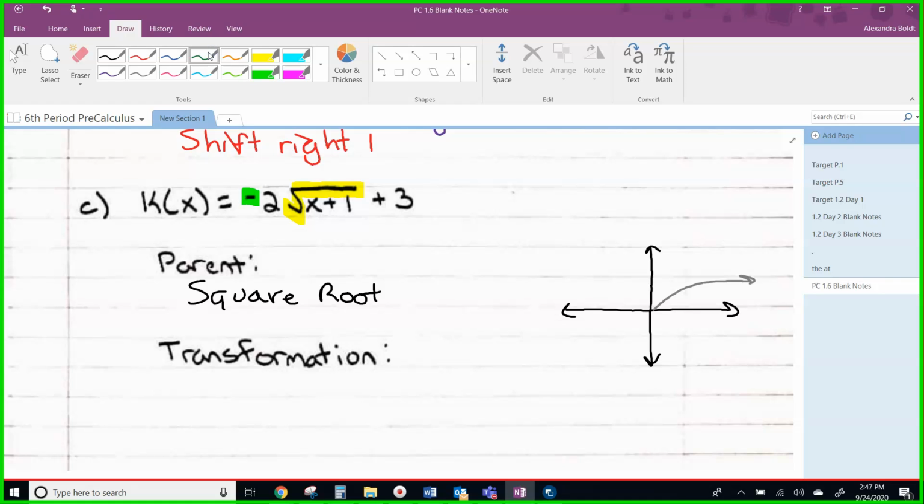That's a negative outside of our function, so it's vertical. Again, negatives reflect. And we're going to reflect over the x-axis.